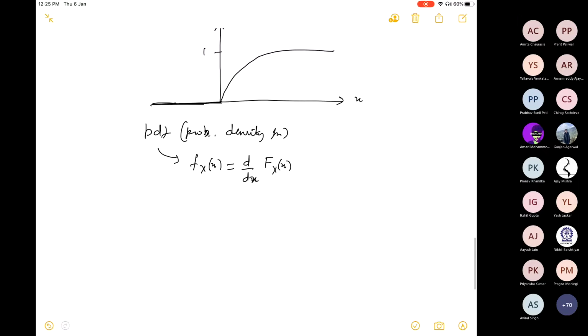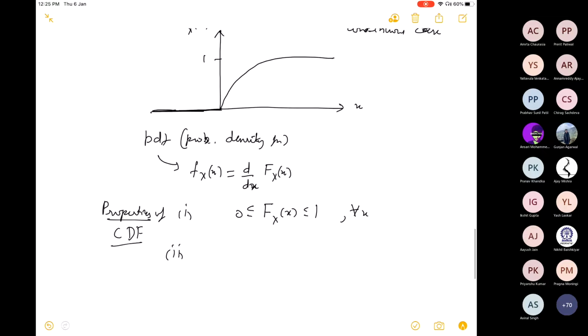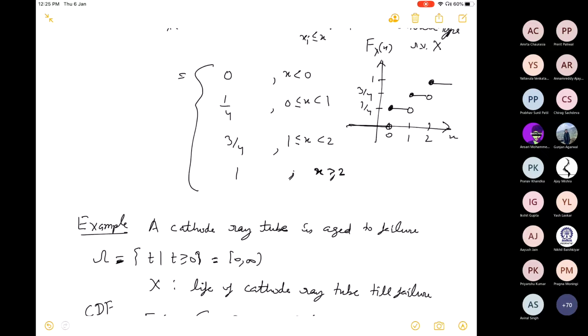Okay, so what are the properties of the CDF which we can observe from here? First is that the CDF is between 0 and 1 for all X. You can see here and here also.